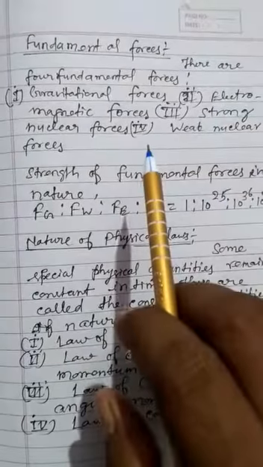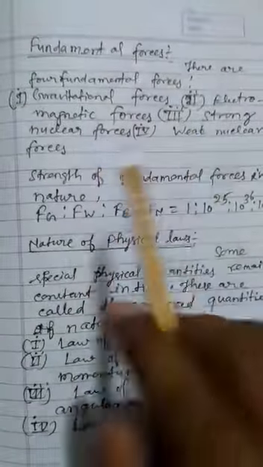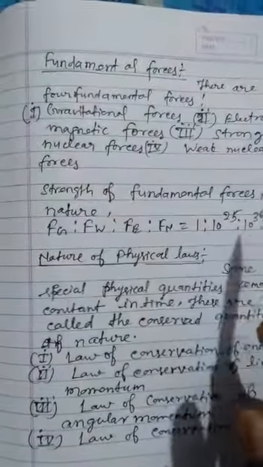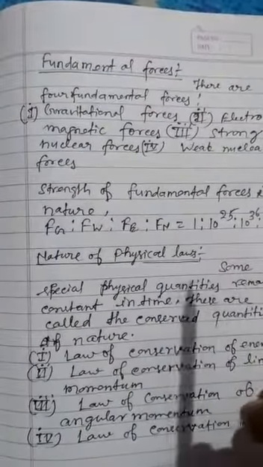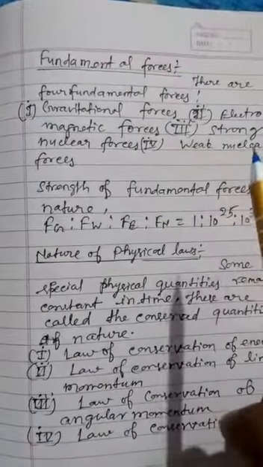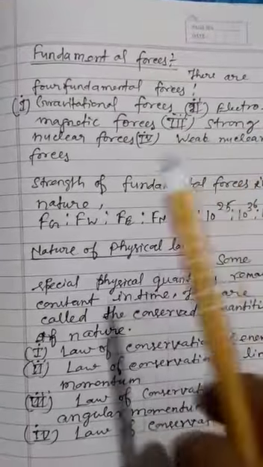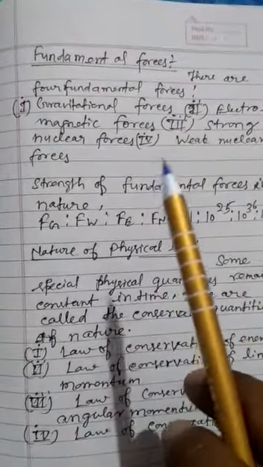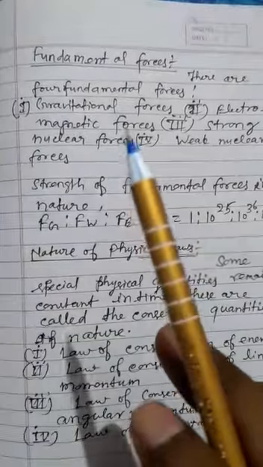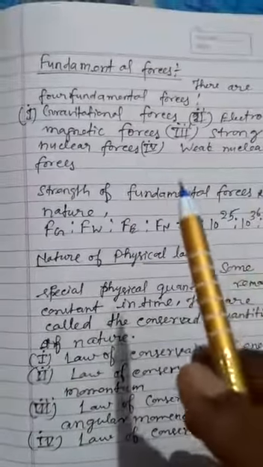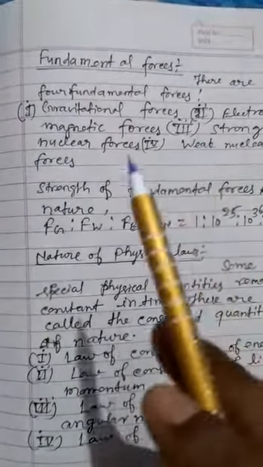Gravitational force you have known in the previous class, like ninth: the force acting between any two objects in the universe is known as gravitational force. That is F equal to G m1 m2 upon r square.